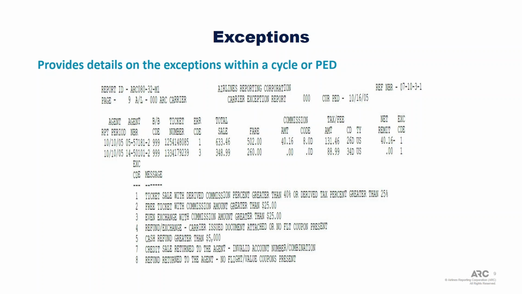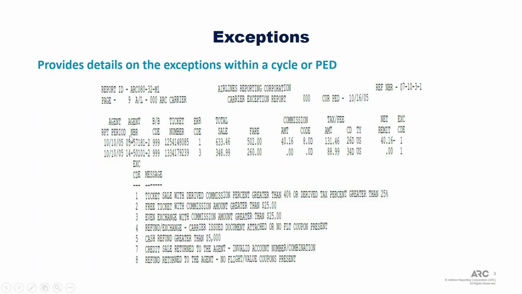You'll also see instances where a free ticket with a commission amount greater than $25 is listed here, or an exchange with a commission amount greater than $25, or a cash refund that's greater than $5,000.